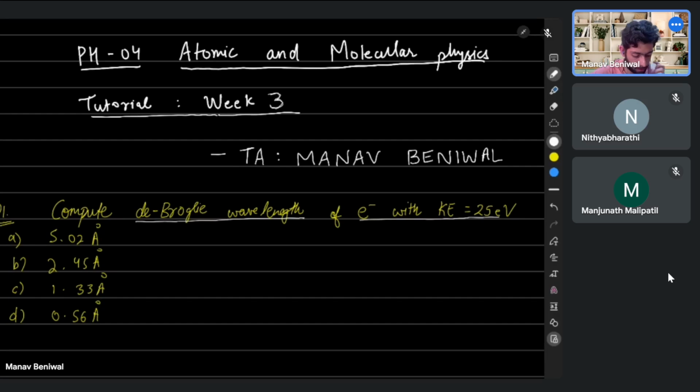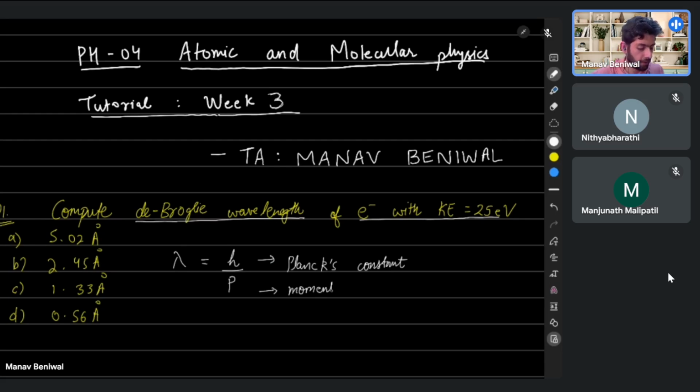Let's say we are writing the de Broglie wavelength as lambda, and we know that this lambda is nothing but h over p, where h is Planck's constant and p is momentum, right?